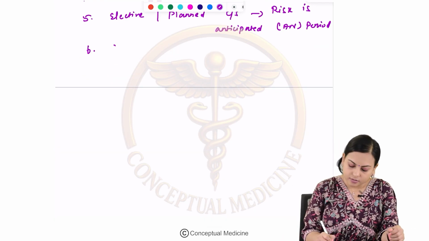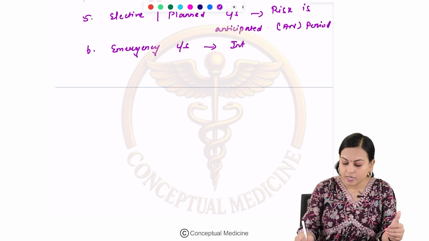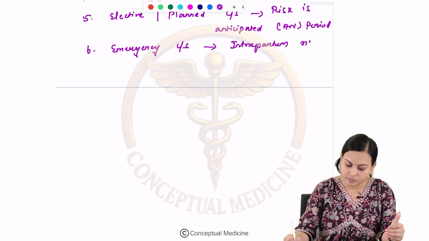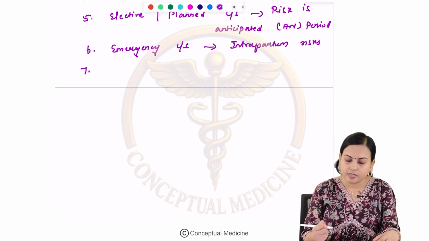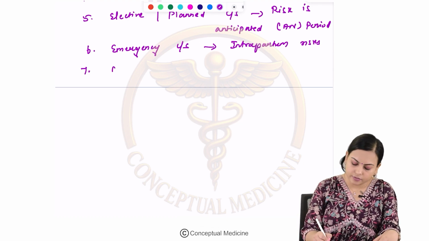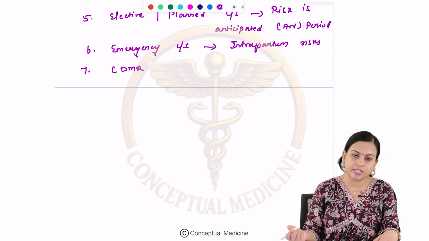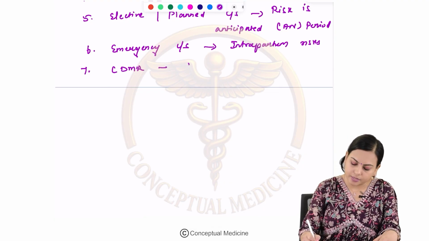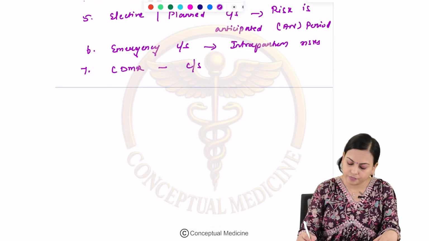The next one is emergency Cesarean section, which is done due to intrapartum risks. And sometimes we perform it according to CDMR also. CDMR means Cesarean delivery based on maternal request.